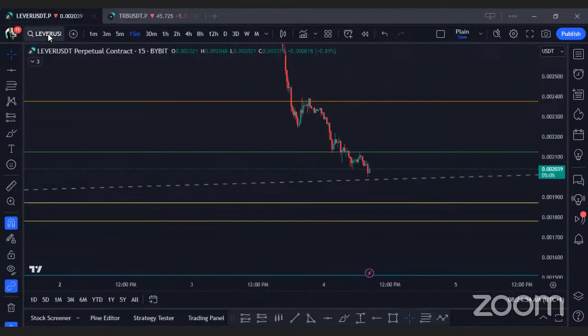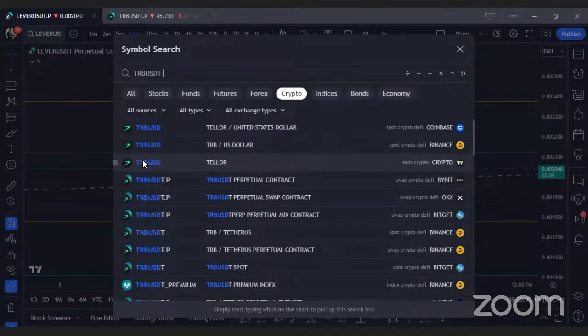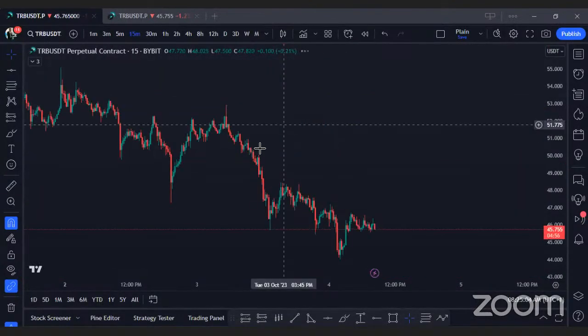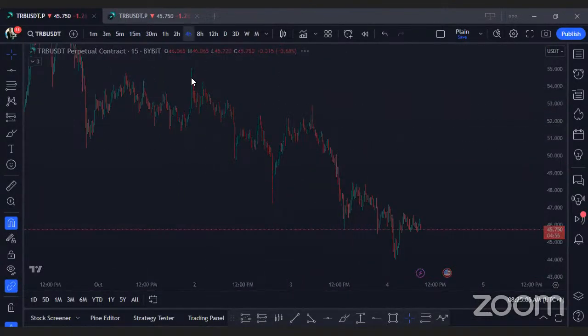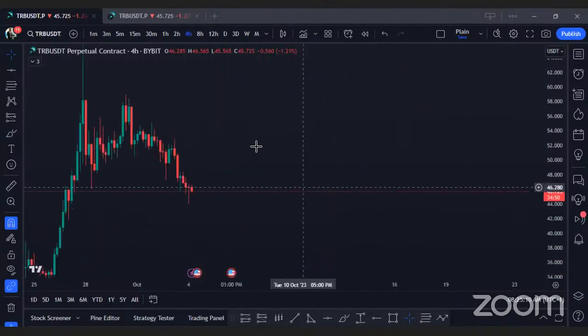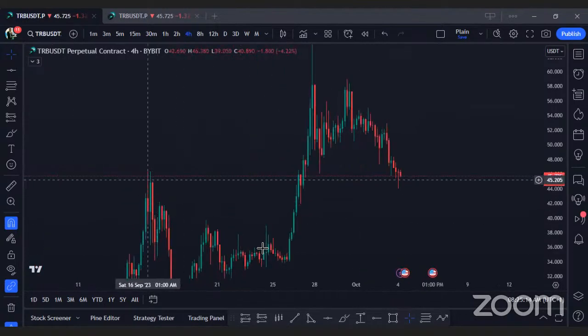So if I look at a clean chart for TRB, let me show you what is possible. Let's do the 4 hour time frame. Currently TRB seems to be respecting this level here.